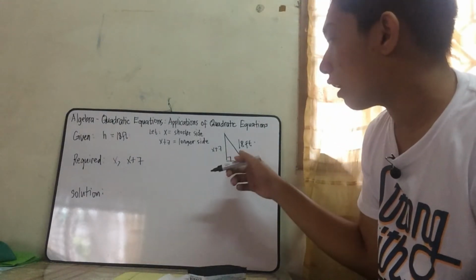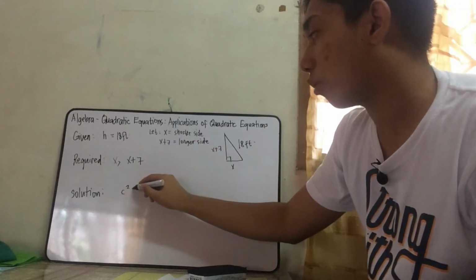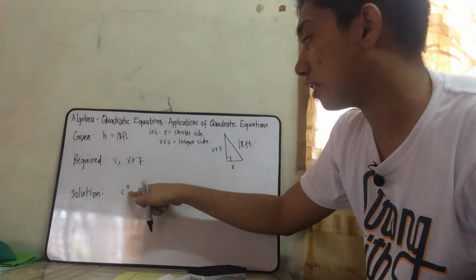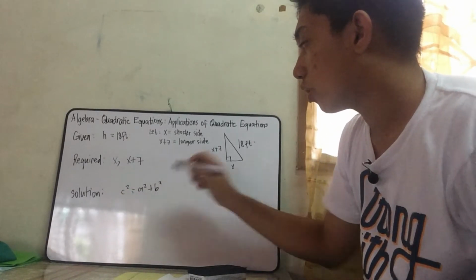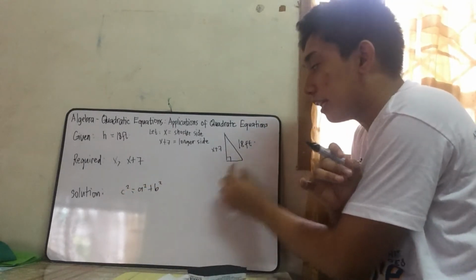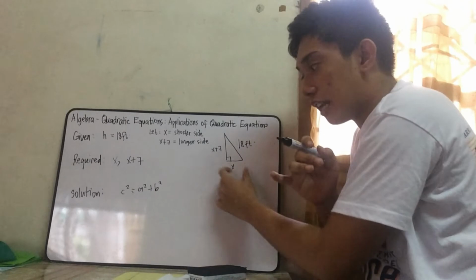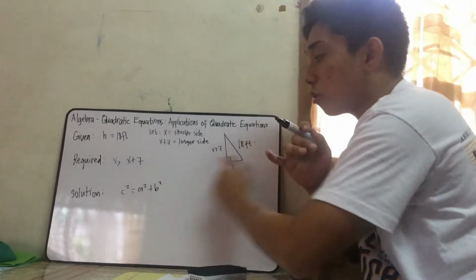We will solve the sides of the right triangle by the use of Pythagorean theorem, which is c squared is equal to a squared plus b squared. So, ang gagawin lang dyan, yung c squared, ito yung substitute natin sa hypotenuse. Then, the longer leg and the shorter leg, respectively, can be substituted here. Okay? So, substitute lang.